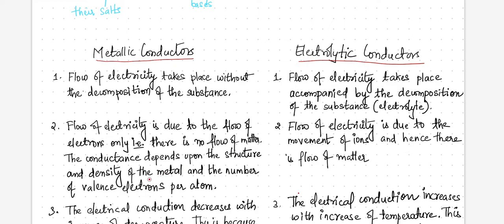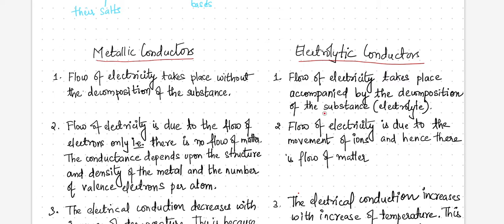The conductance depends upon the structure and density of the metal and the number of valence electrons per atom. We know the loosely bound electrons on the metals are the free electrons responsible for conduction. So as the number of valence electrons increases, the conduction will correspondingly increase.